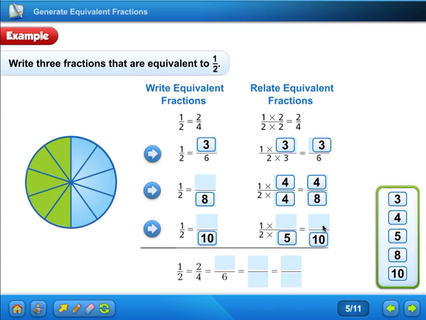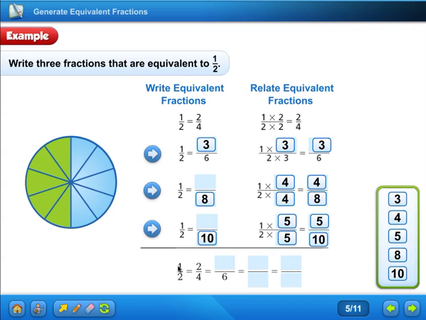Whatever I do to the bottom, I have to do to the top. So I just multiplied the bottom by 5, so now I need to multiply the top by 5. 1 times 5 equals 5. So 5/10 of my pie is shaded green. Or 5/10 is shaded blue, because this is exactly in half, so you could say it either way.